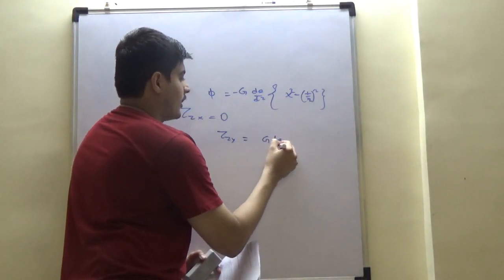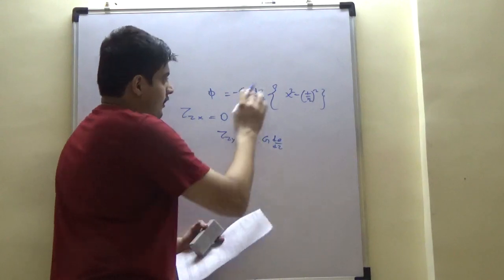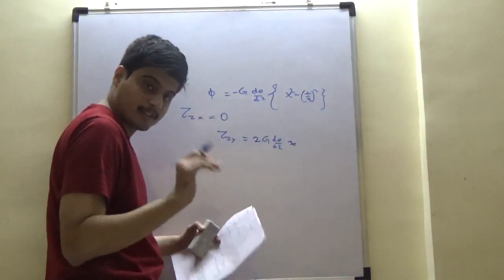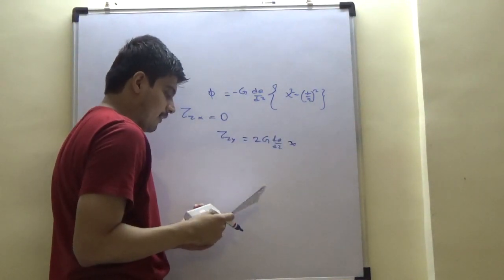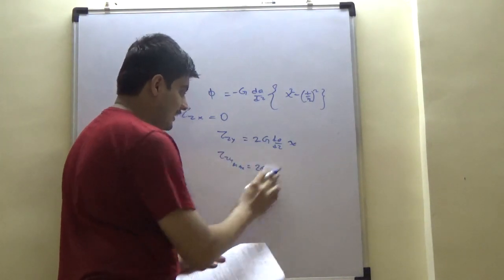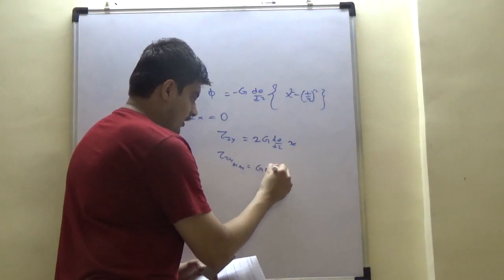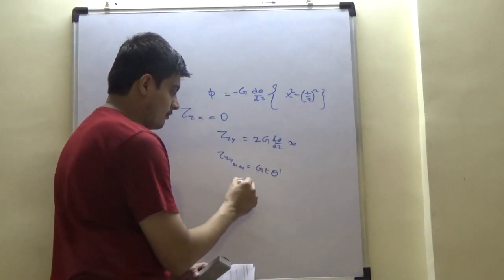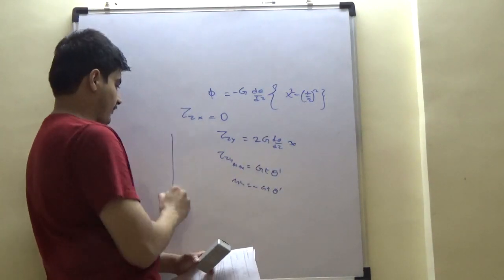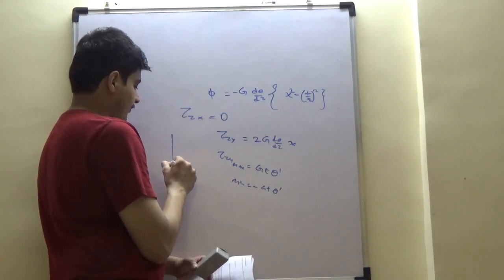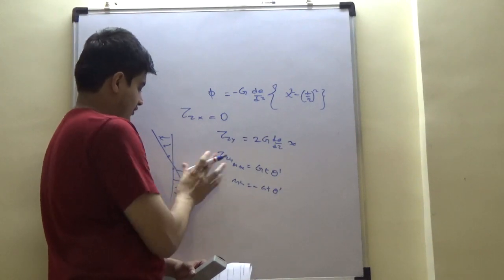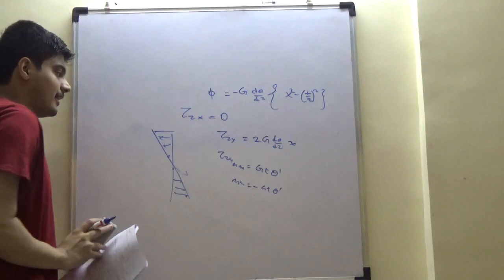G d theta by dz, and 2 times x, because it is minus of this, so this is my tau zy, which means tau zy max is 2g, so g t theta dash, this is simply theta dash, and minimum is minus g t theta dash, and it is 0 at x equal to 0. So it is this variation. It follows this linearity, right?